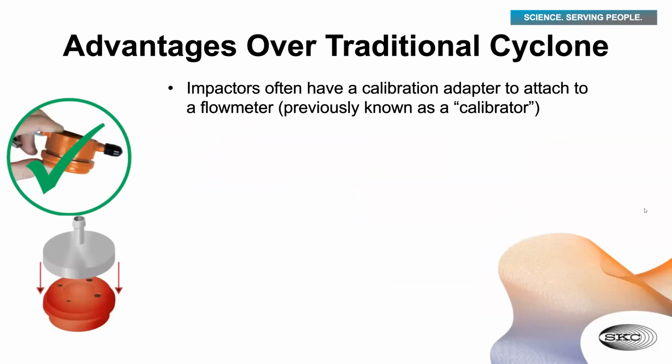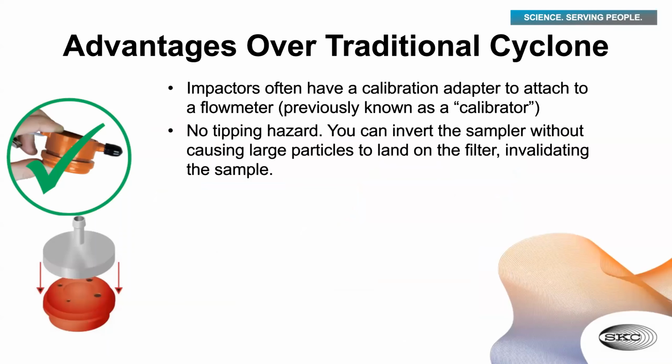Some advantages over a traditional cyclone: they have what we call a calibration adapter that you can hook directly to it. You're not having to use any type of calibration jar or method that can increase the amount of error in the system. One thing that's very nice about an impactor is there is no orientation bias, meaning that if you turn it upside down, you're not going to ruin your sample, because there's no grit pot to empty onto your filter. All those little particles stick to the impactor.